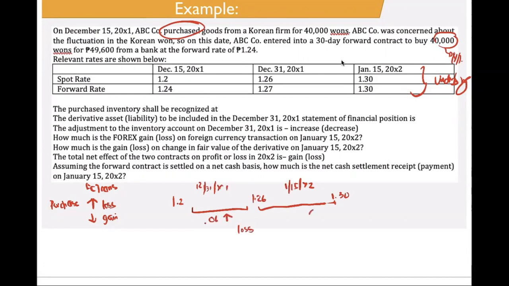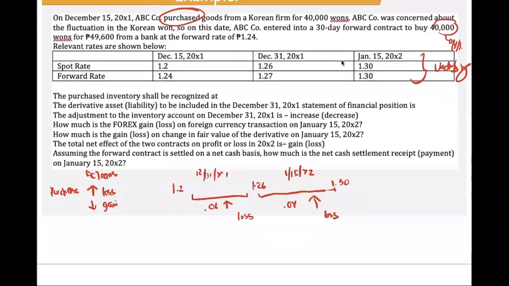Next, we have another increase of 0.04. This is another loss. So 0.06 multiplied by the notional amount of 40,000, we have 2,400 loss. 0.04 times the notional amount of 40,000, we have 1,600 loss. That's for foreign currency transaction.